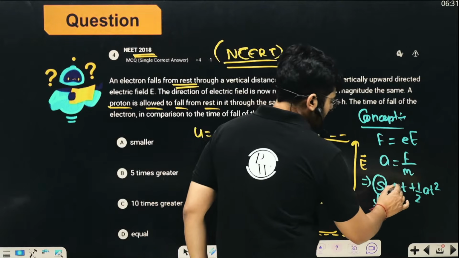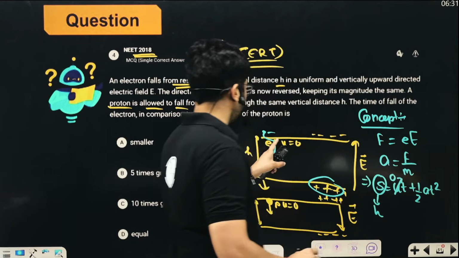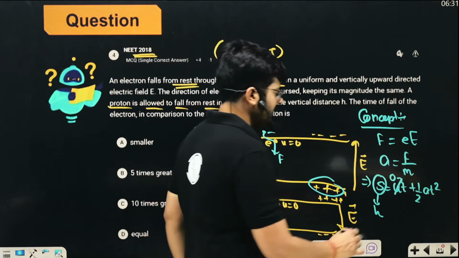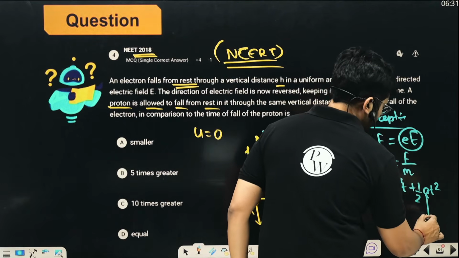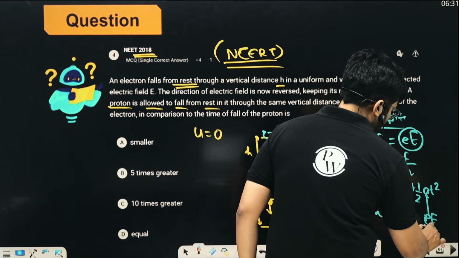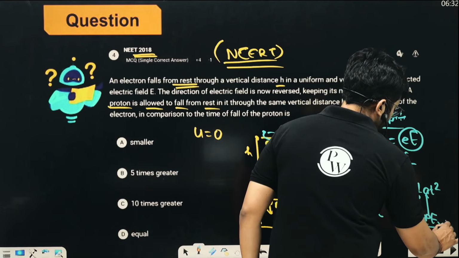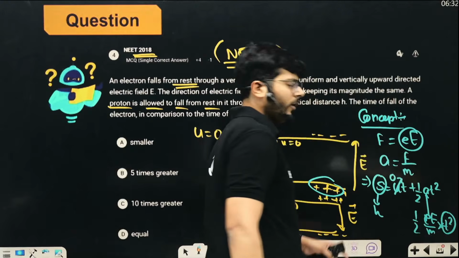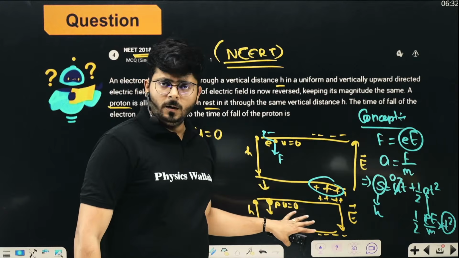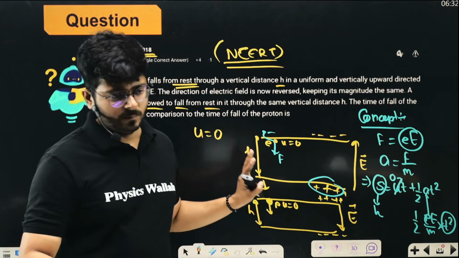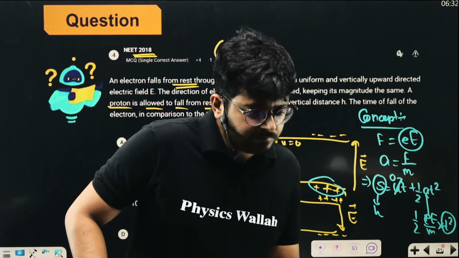Initial velocity is 0 because the electron starts from rest. Half at square, where acceleration is the force eE upon mass, and t square. From here, the time of fall for the electron can be calculated. Same calculation we will do for the proton, and then we will take the ratio. That's all, right?